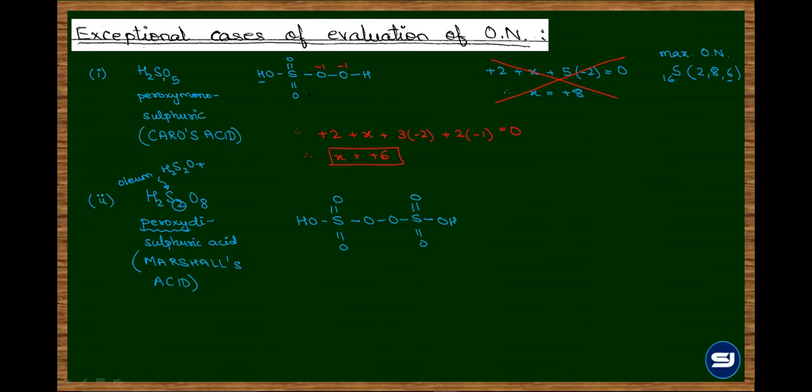HOS double bond O. So once again, if I apply -1 for the 2 oxygen atoms, I will get the sulfur oxidation number equal to +6. Oxidation number of sulfur in this case is +6. That was the first, and the third one is CrO5.